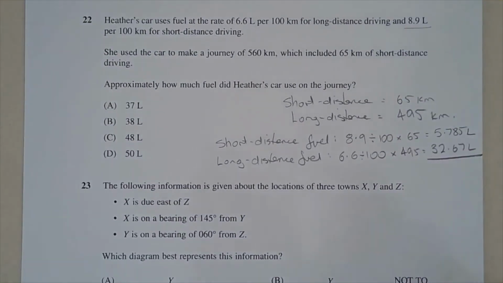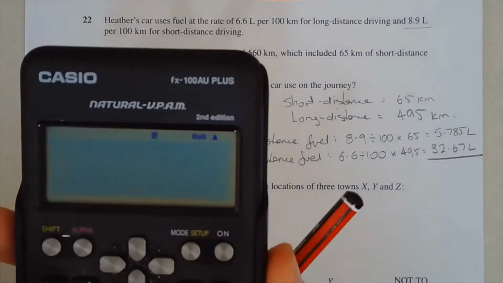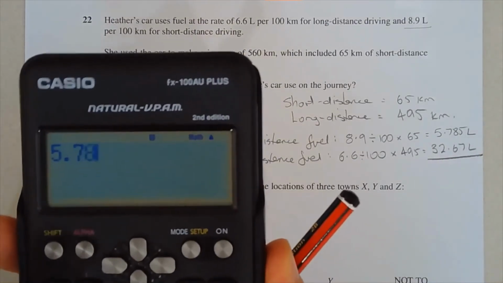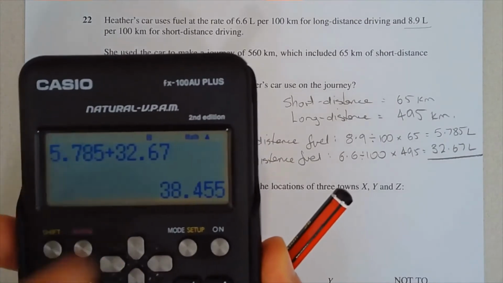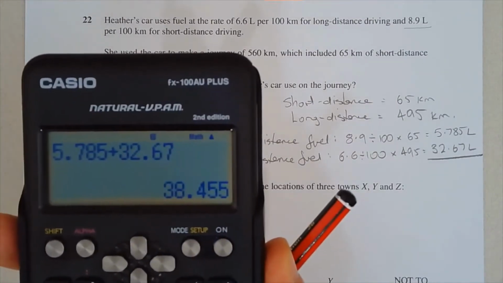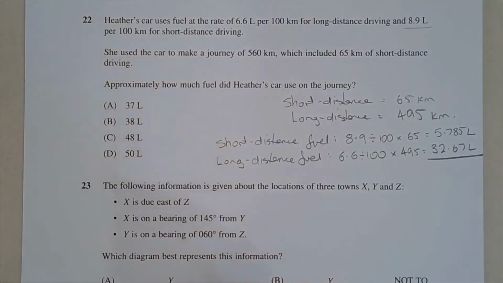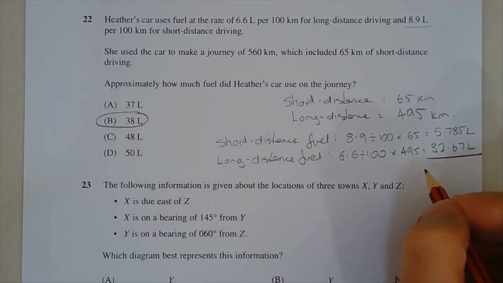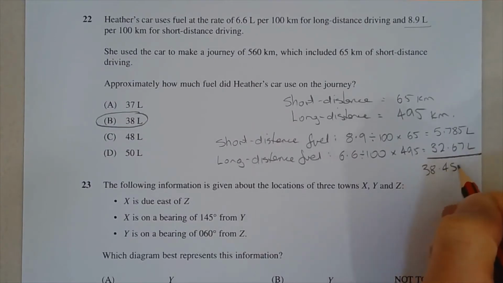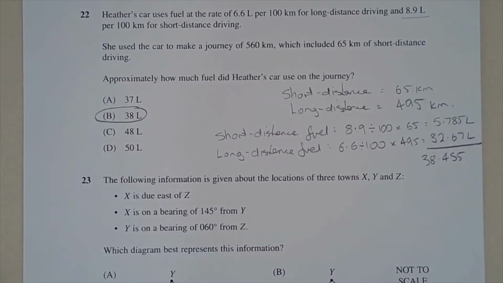Now, if we add both of those numbers together, 5.785 plus 32.67, we get 38.455. So the closest answer will be B. That's correct to the nearest litre.